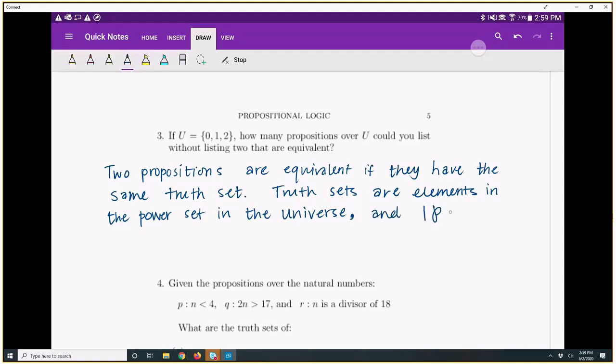So the cardinality of the power set of our universe here is 8. We could list up to 8 propositions without listing 2 that are equivalent.